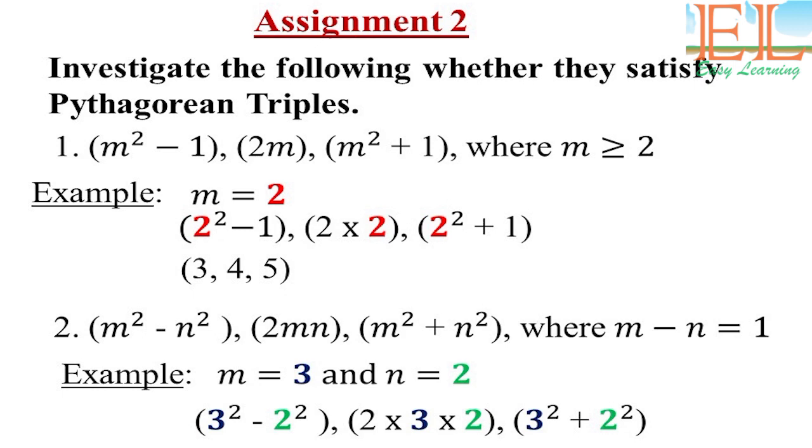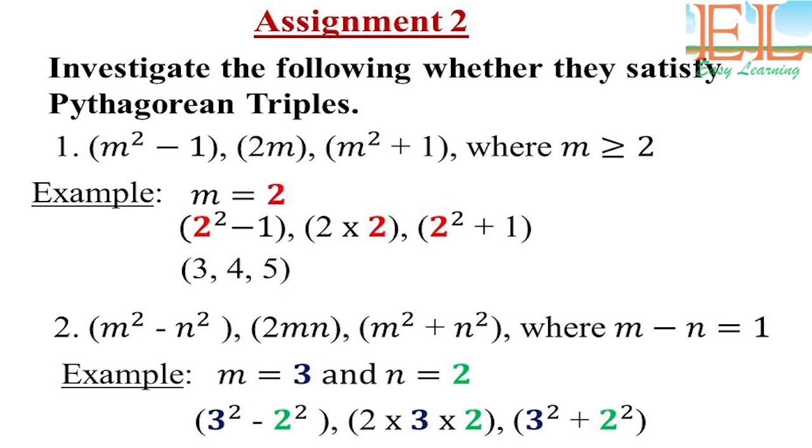For instance, if we take 3, then our n should be 2, so that the difference will be 1. So we put 3 and 2 in our work, where m is 3 and n is 2. So we shall have the first one to be 9, and then 2 squared will be 4, and then we subtract and get 5.